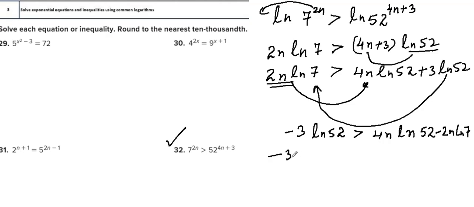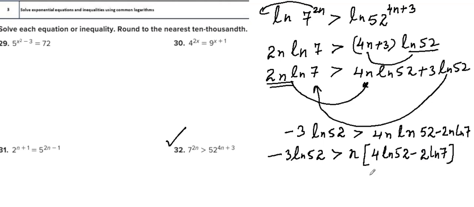Now minus 3 log 52 as it is, greater than, take n common, and what is left is 4 log 52 minus 2 log 7. So now you can divide both sides by this value.